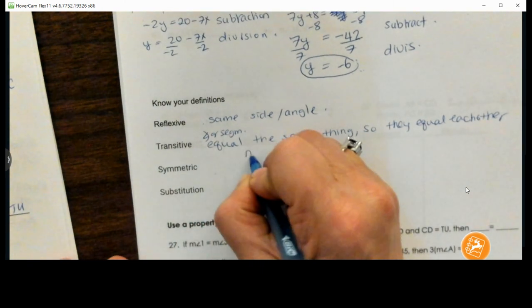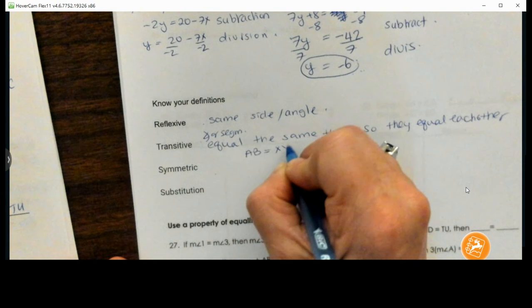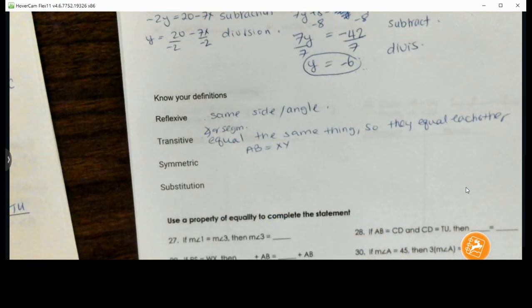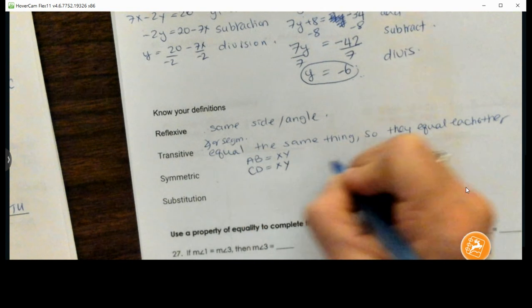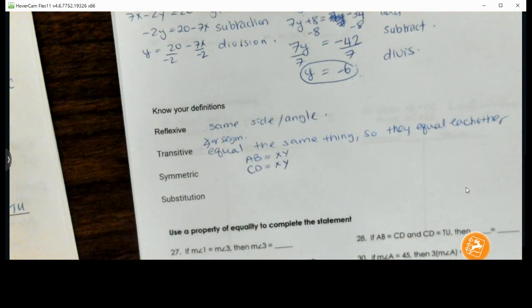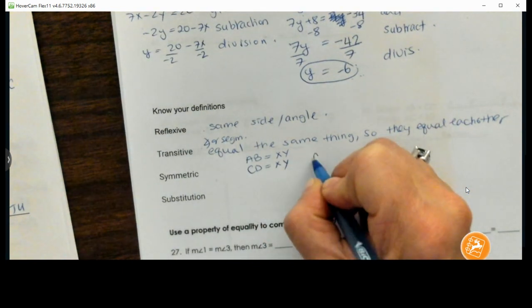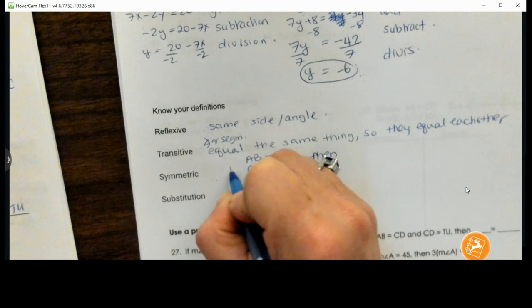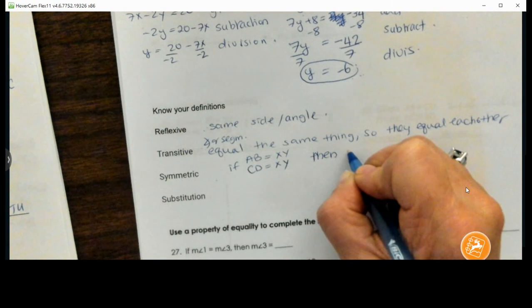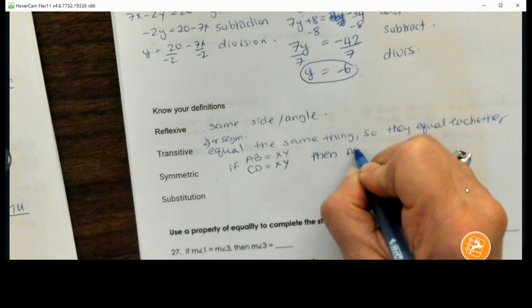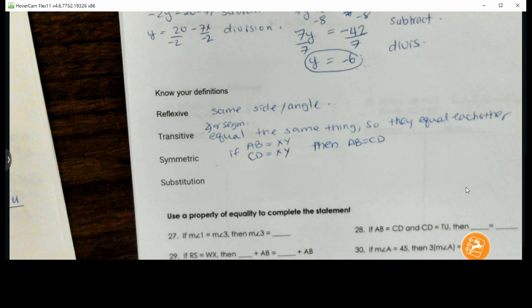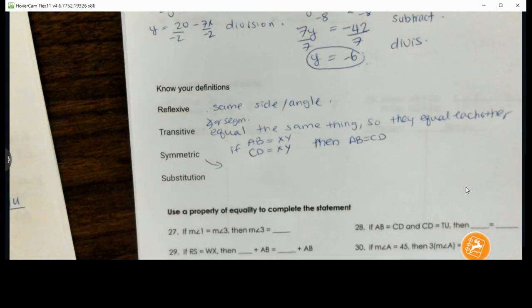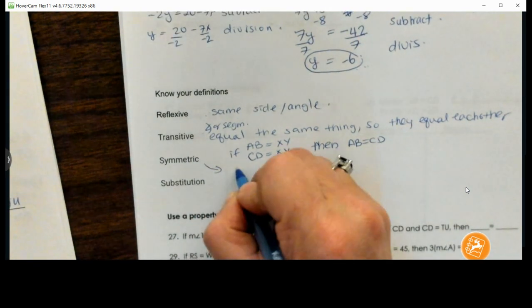So for here I have AB is equal to XY. CD is equal to XY. So now I have, then, if, then, I have AB is equal to CD. Symmetric means they could switch places.